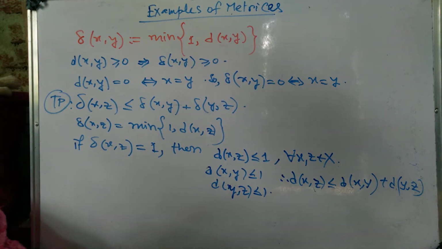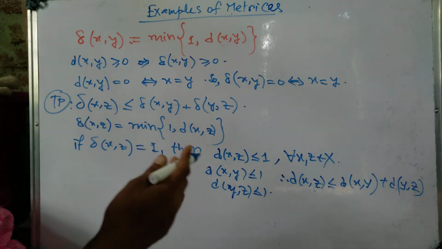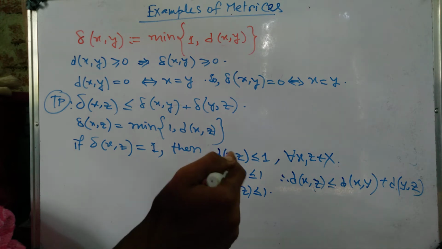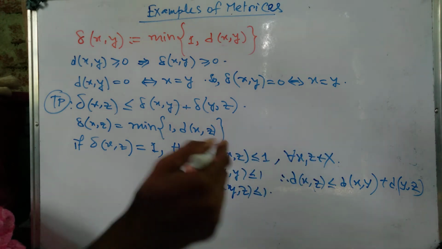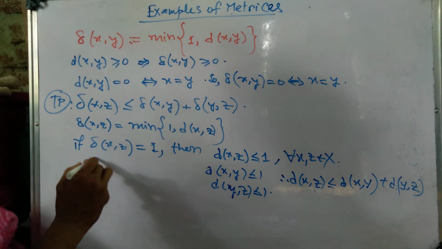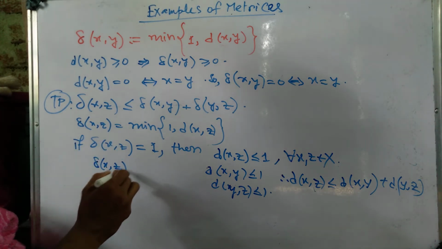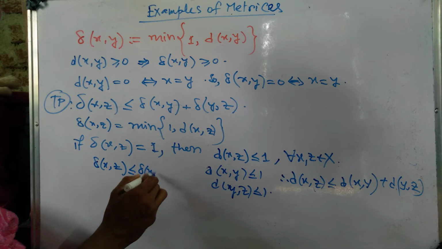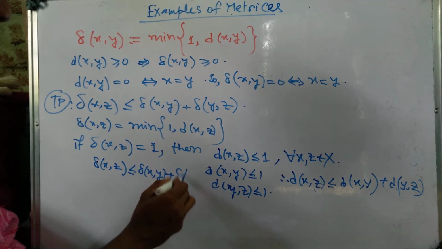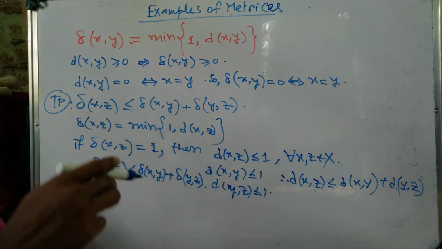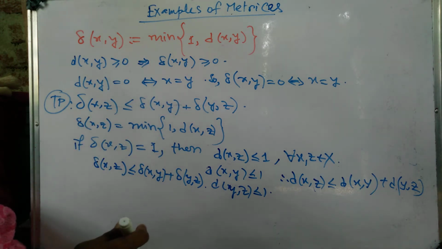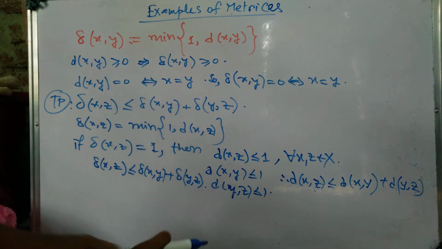Okay, if this one equals 1, then d satisfies the triangle inequality. So delta xz is less than or equal to delta xy plus delta yz. Both are less than or equal to, and obviously this one also.